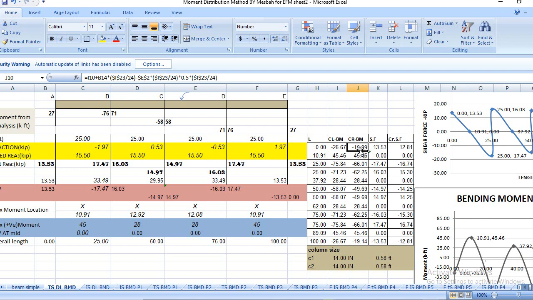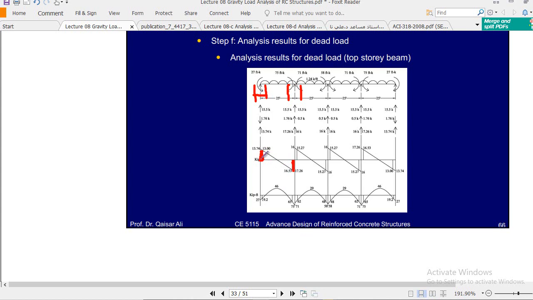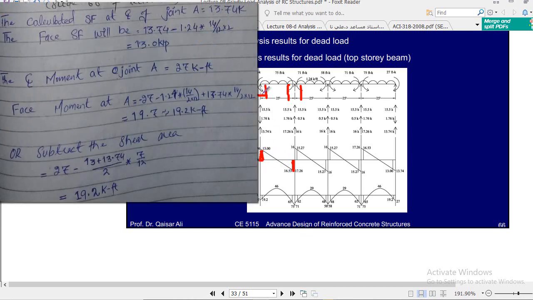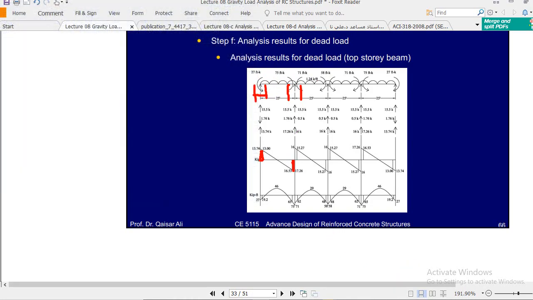18.99, or just 19. So how did I get it? I use this whole formula. But the simple way is, you have to find out this shear area. Or either you can use this 27 minus this reaction times this 7-inch distance, minus 1.24 times that distance divided by 2, as the usual way we did it.